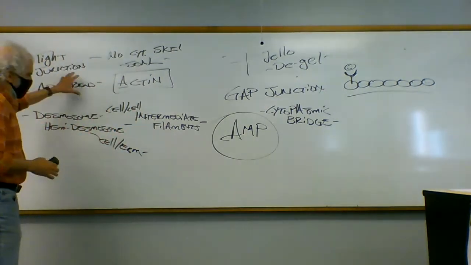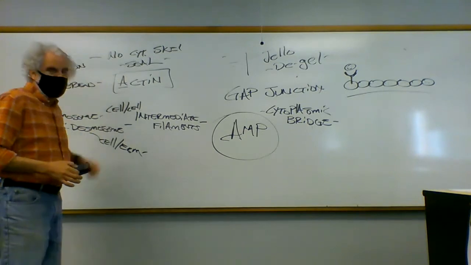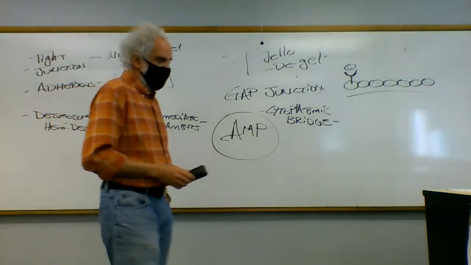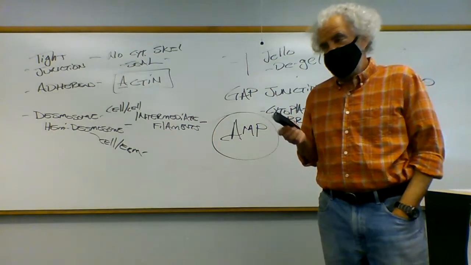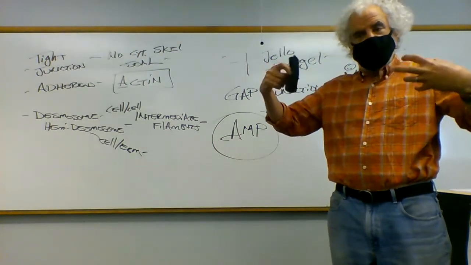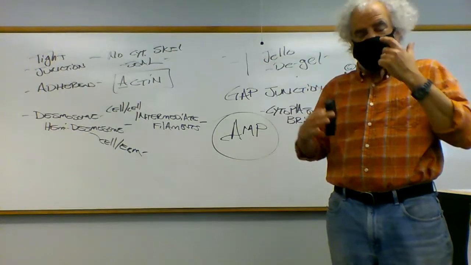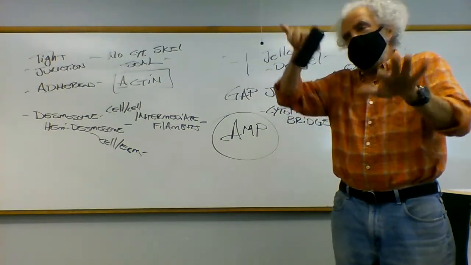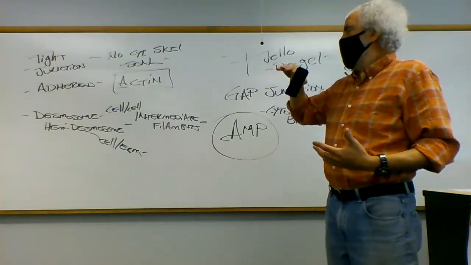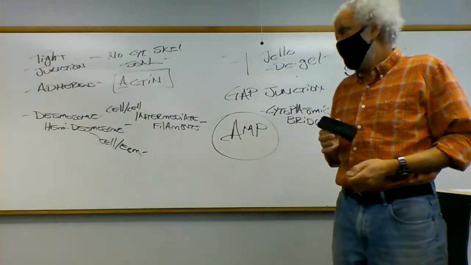And then we have adherens junctions, which are attached to actin. And because, of course, actin has a motor protein, myosin, non-muscle myosin in all cells, this can serve as a way of changing cell shape. And the ability of an epithelial sheet to curve and change shape is transmitted through adherens junctions.